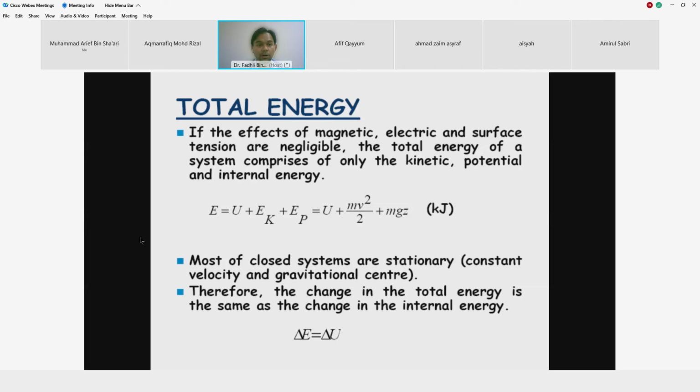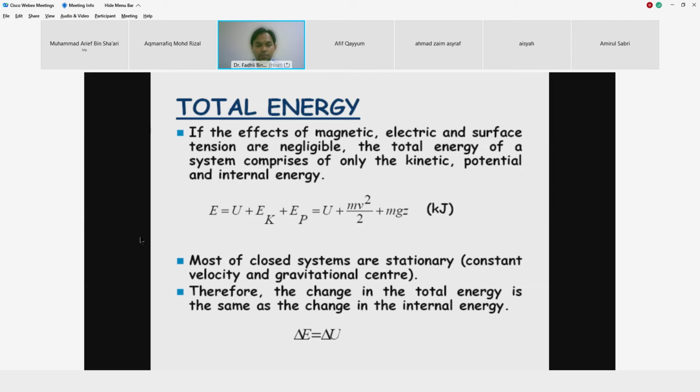So the symbol of total energy is E, uppercase E, capital letter E, equal to U, the internal energy, plus KE, the kinetic energy. Sometimes we write KE, or E_K also can, plus PE, the potential energy.